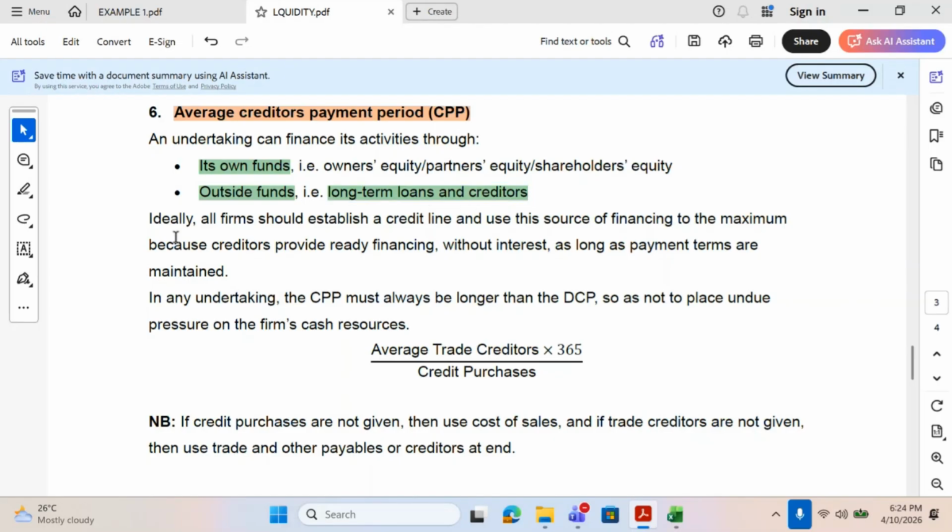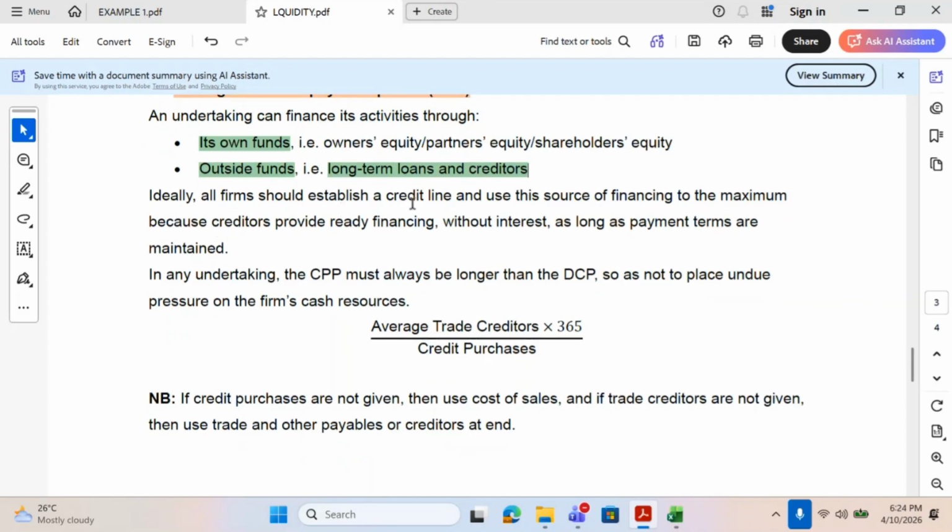Look here, ideally, all firms should establish a credit line and use this source of financing to the maximum, because creditors provide ready financing without interest as long as payment terms are maintained. It's very good. This one is better than going to borrow money. Buying on credit is better than taking a loan because they're not going to charge you interest.